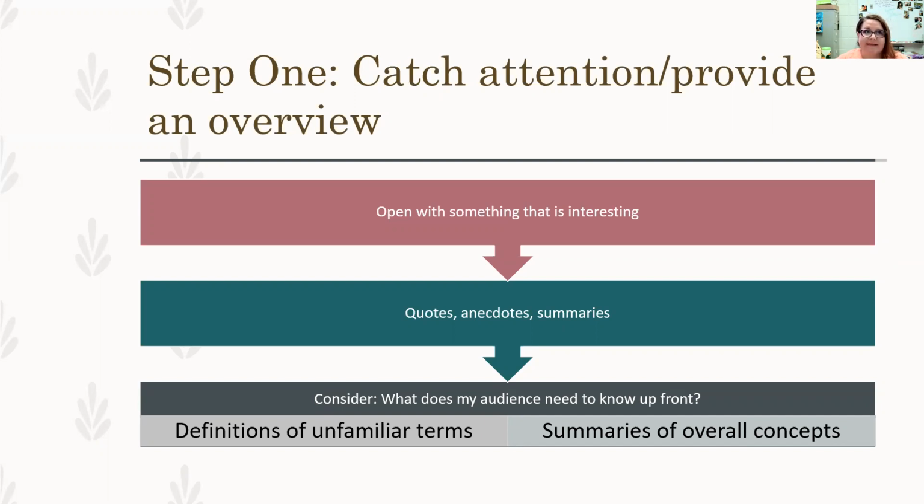Is it something that doesn't need its own paragraph or category in the thesis to understand, but your readers need to know what it is? If you can summarize it or define it in a sentence or two, maybe it needs to be in the introduction.